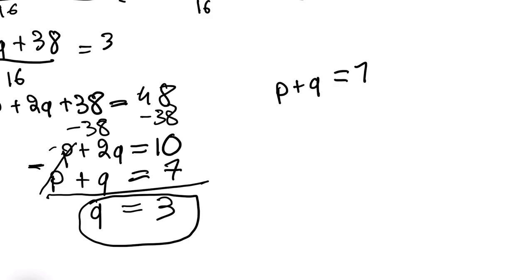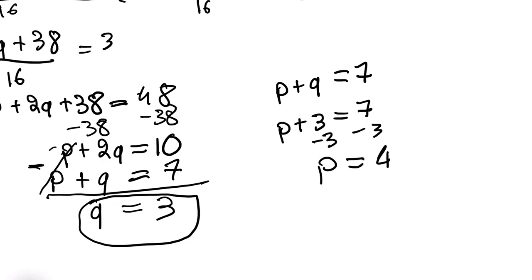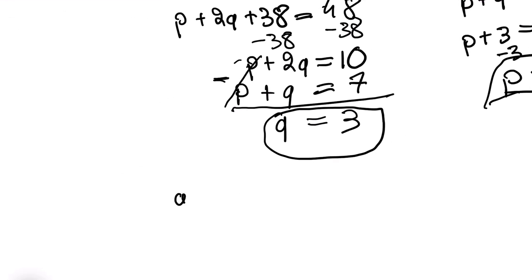We know Q is equal to 3, so P plus 3 is equal to 7. Subtracting 3 from both sides, we get P is equal to 4. So this is our final answer for part A: P is equal to 4, Q is equal to 3.